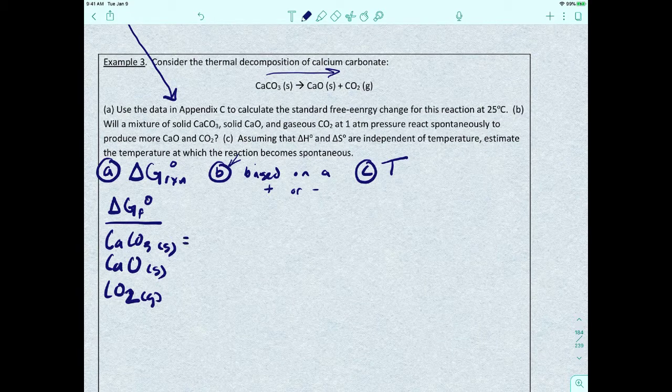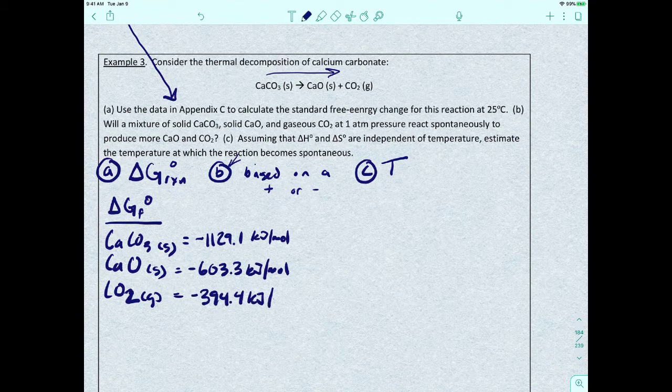Okay, so if we look up those values, the value for calcium carbonate, solid, that should be negative 1129.1 kilojoules per mole. For calcium oxide, that value should be negative 603.3 kilojoules per mole. Again, that's going to be a solid. And then for gaseous carbon dioxide, the value should be negative 394.4 kilojoules per mole.